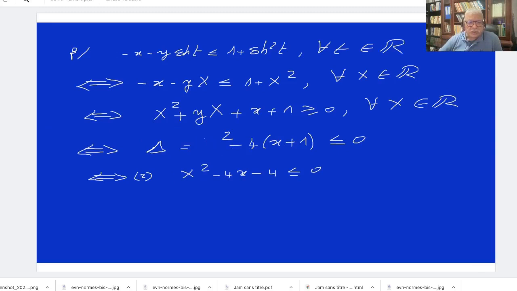In the other one we found y squared plus 4x minus 4, and so we find here a second relation, and for a point (x, y) to belong to B, it must satisfy both.